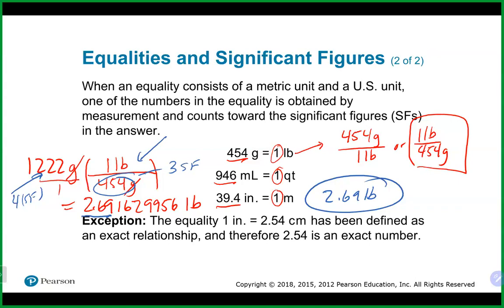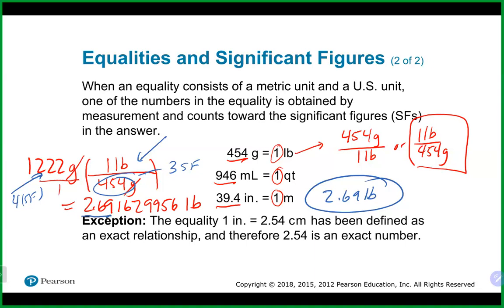Not necessarily the metric number, but a lot of times, as you can see in these conversions here, in these equalities, one of the numbers is 1, right? And the other one is another number that's not 1. So you really would want to look at the one that's not 1. Like we looked at 454. If you were going to use the 946 milliliters in 1 quart, you would look at the 946 and go, okay, it has 3 significant figures.